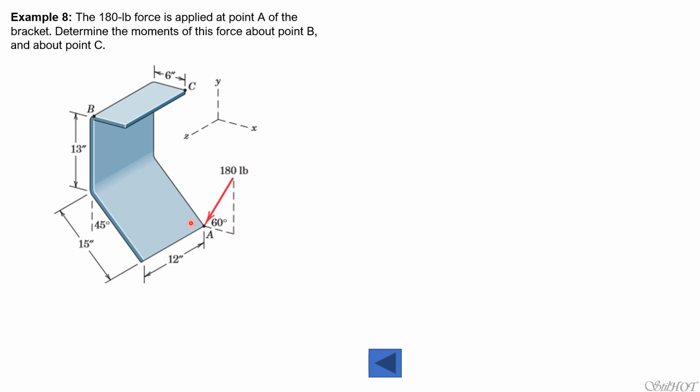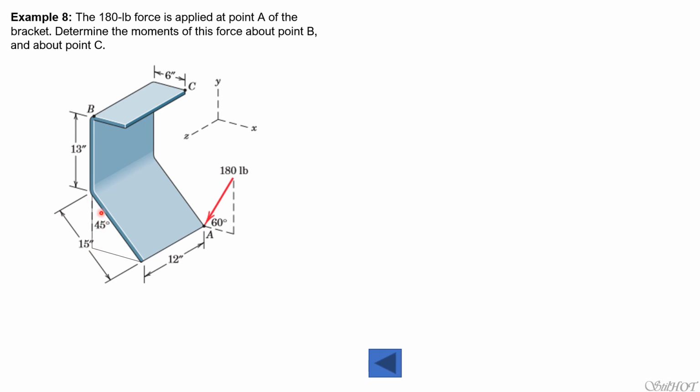So first, let's resolve the 180-pound force into its components. The horizontal is going to the left, acting at A. So it is 180 cosine of 60, so it is 90 pounds leftward. Then, because we are given this slanted distance of 15 inches and the angle here with the vertical is 45, the vertical component of distance and the horizontal component of distance will be equal.